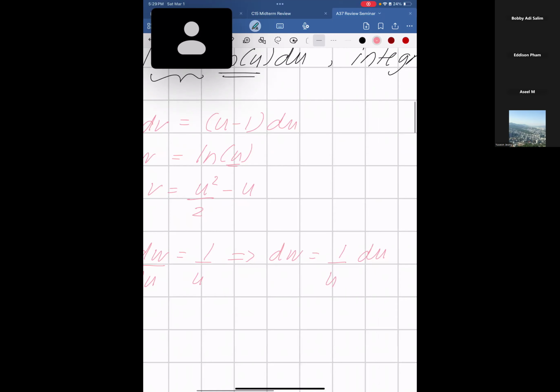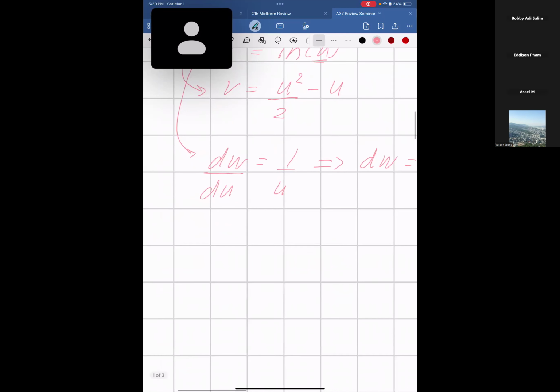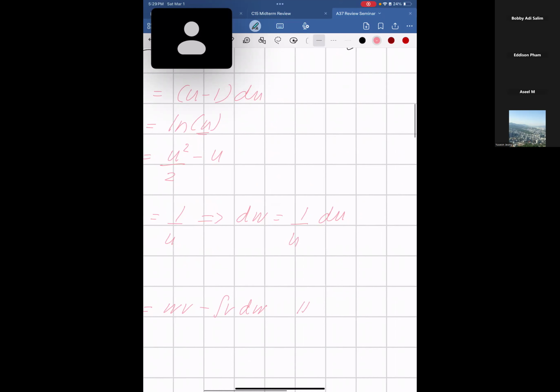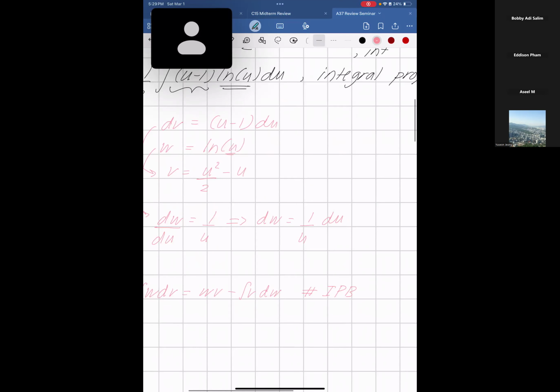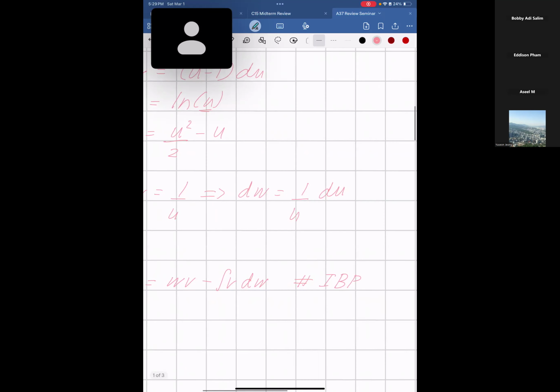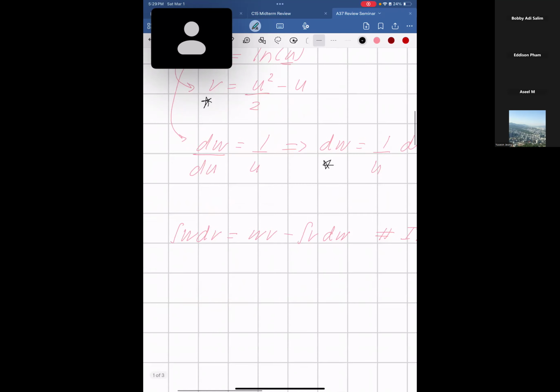So by integration by parts, you know that the integral of w dv is going to be wv minus the integral of v dw, right? This is integration by parts.